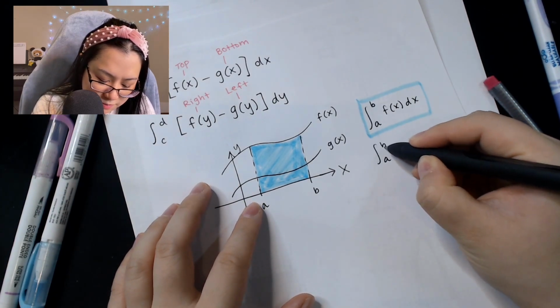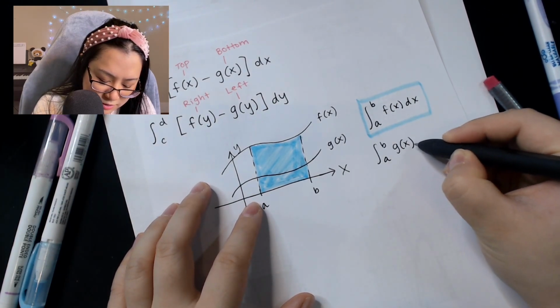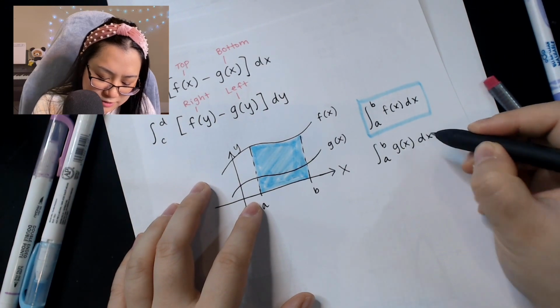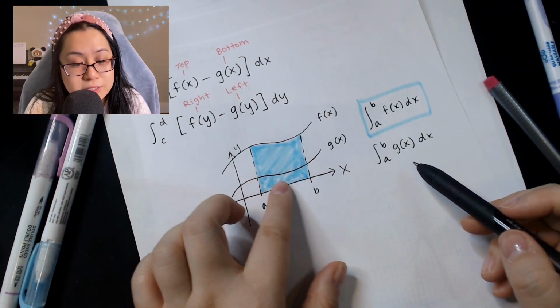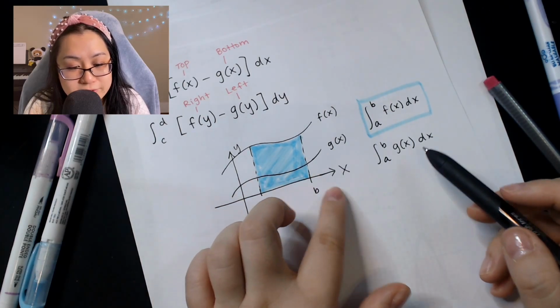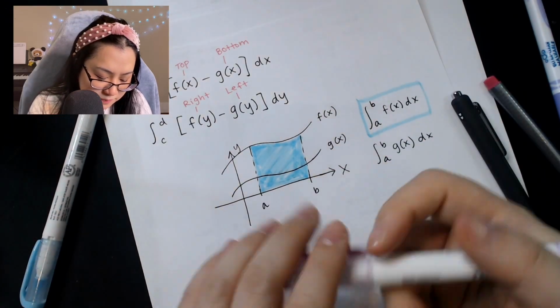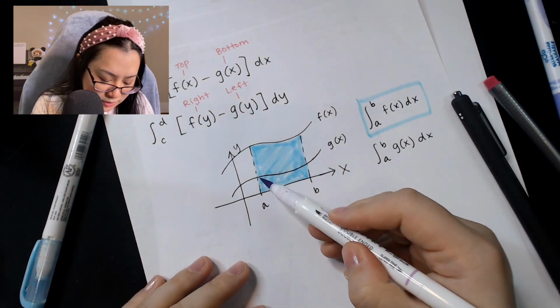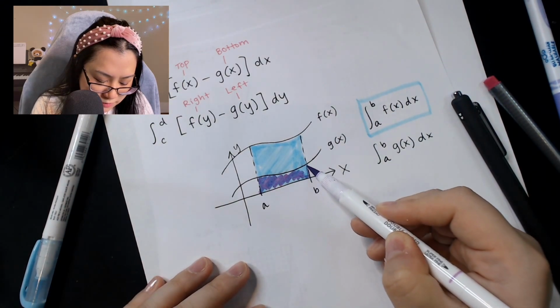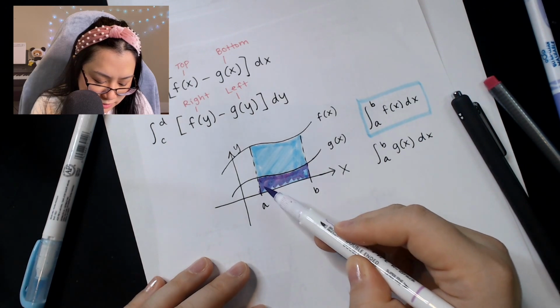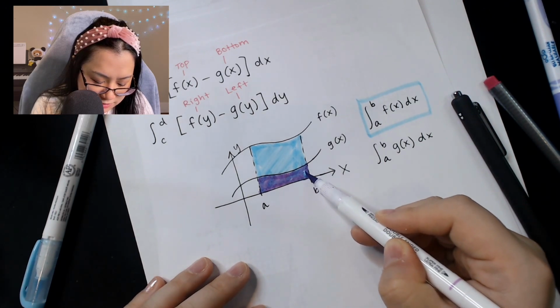So from a to b, the integral of g of x dx from a to b also tells me the area below g of x and above the x-axis, right? So this bit here, right below and above the x-axis.